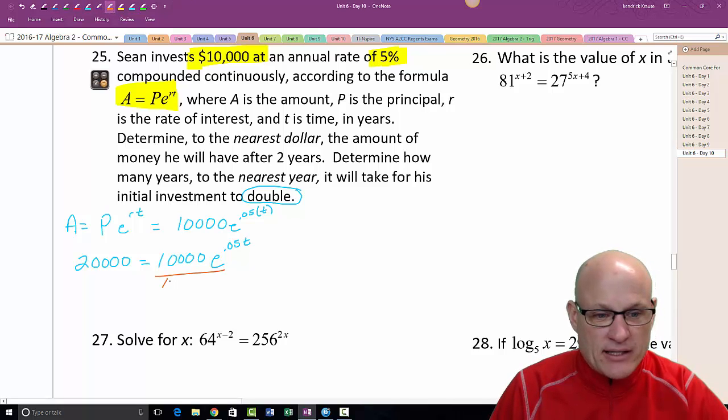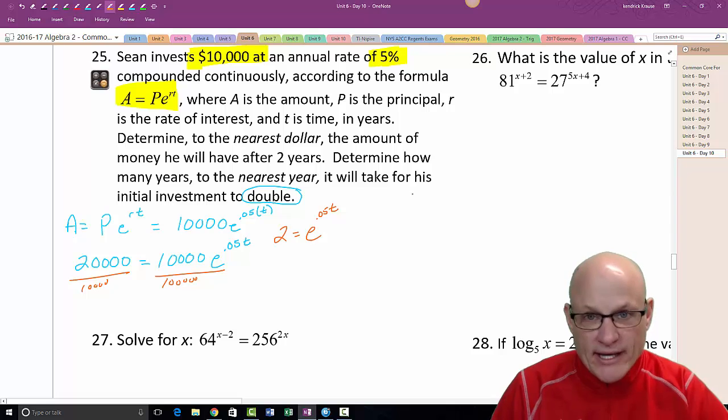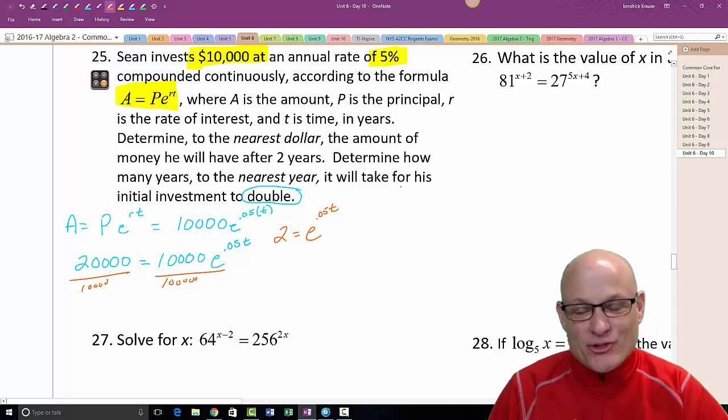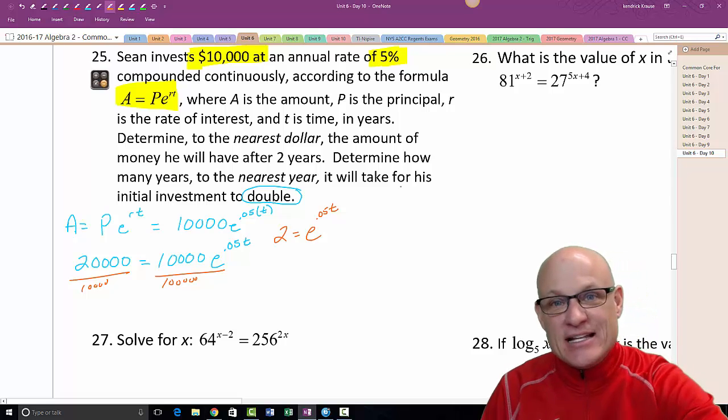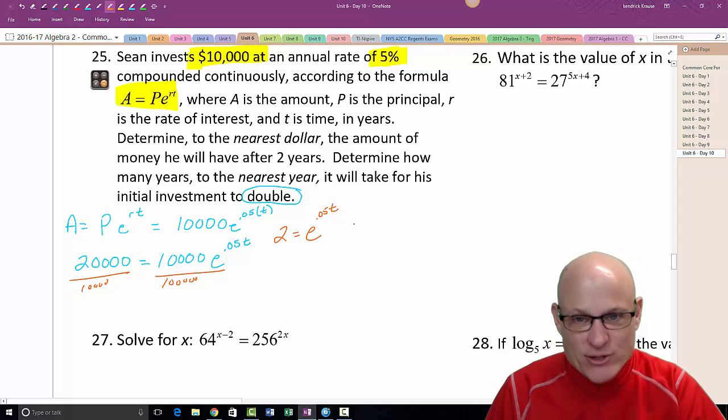We got to get the weird thing alone. Divide by 10,000, divide by 10,000, and you get 2 is equal to e to the 0.05t. Okay, this is an exponential function. It is the natural base e, so we have to use the natural logs.